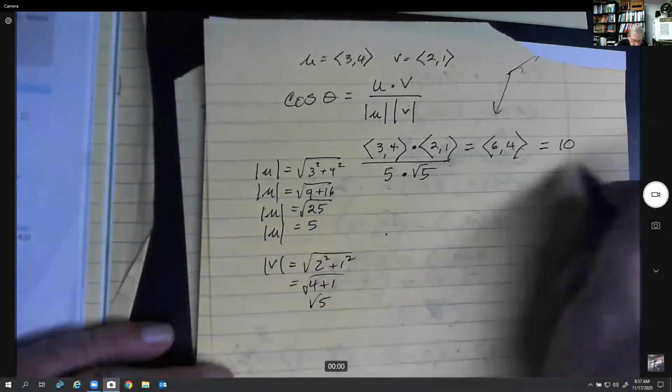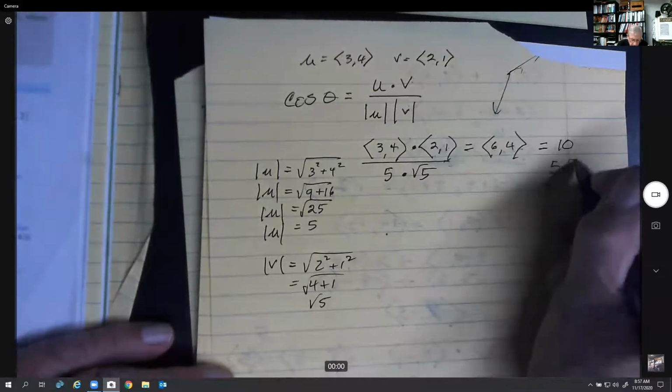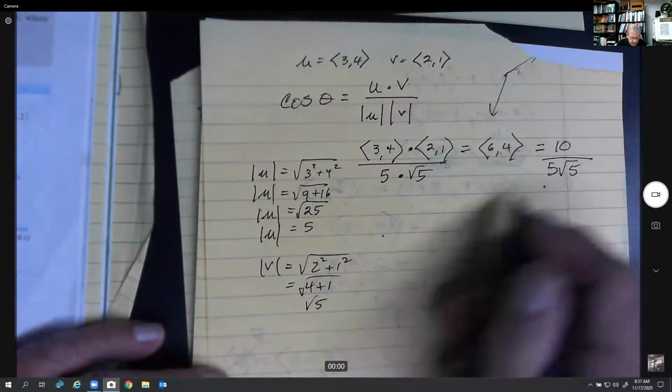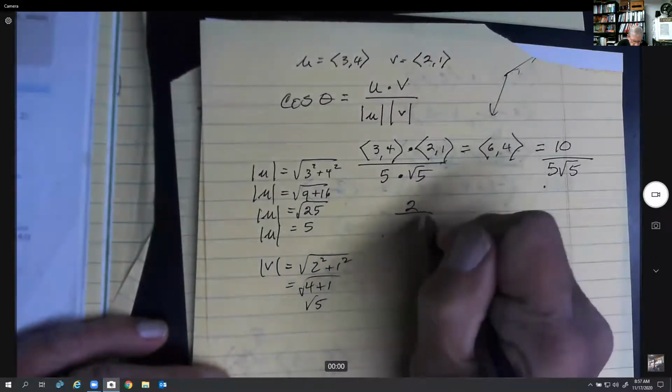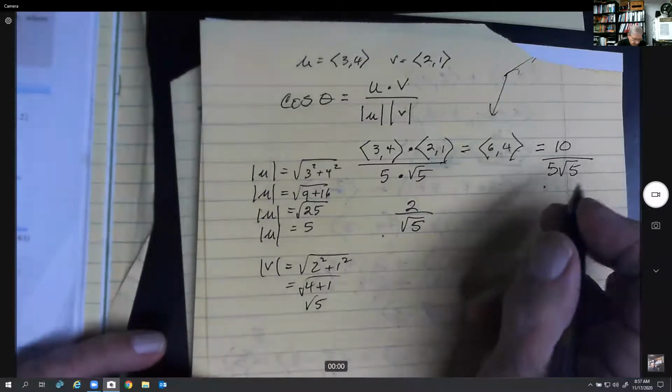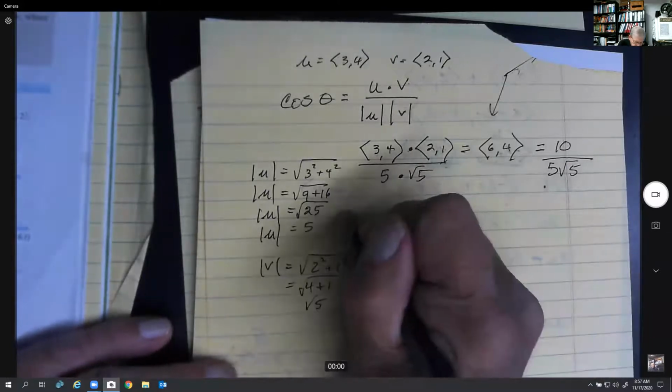So this would give me 5 square root of 5. Then we can simplify that a little bit. 5 goes into 10 twice. So we could leave it as 2 over the square root of 5. That would give us the cosine of theta.